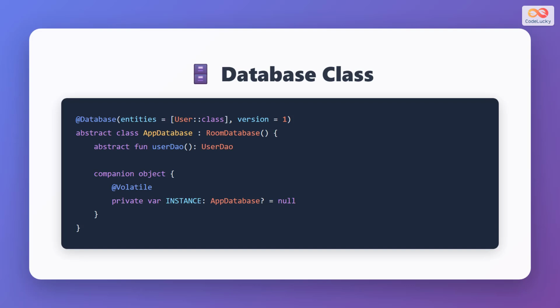The companion object holds a volatile instance variable, which ensures thread-safe access to the database. The @Volatile annotation guarantees that changes to this instance are immediately visible to all threads. This singleton pattern ensures that only one database instance exists throughout your application's lifetime, preventing conflicts and improving performance.